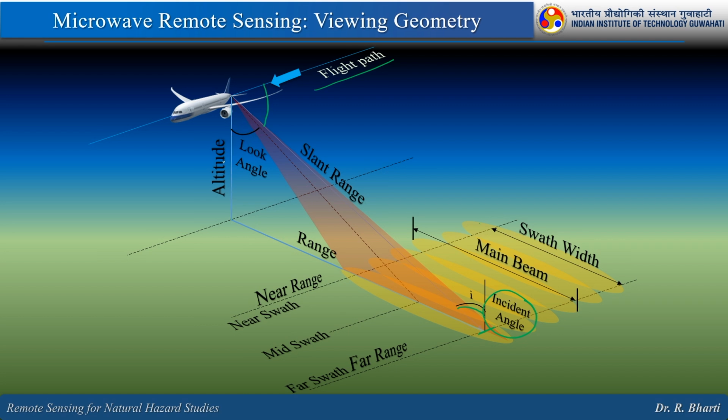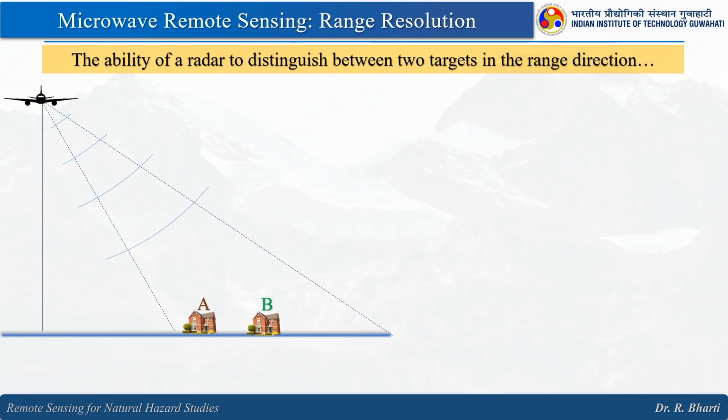The altitude at which this spacecraft or aircraft is flying is the height of the sensor from the MSL. Here you can see the mid swath, far swath or far range, and near range, this is near swath. All these nomenclature, I hope you have understood.